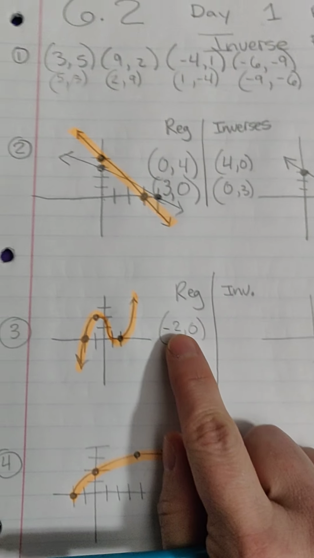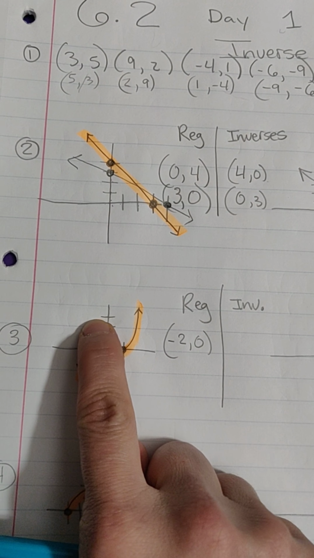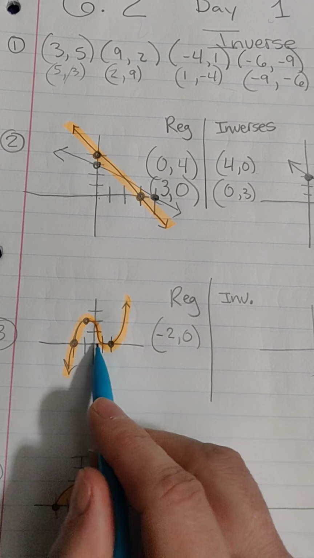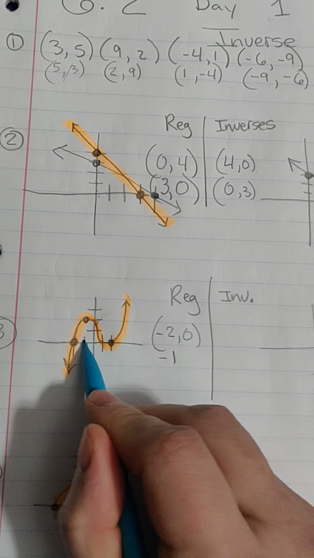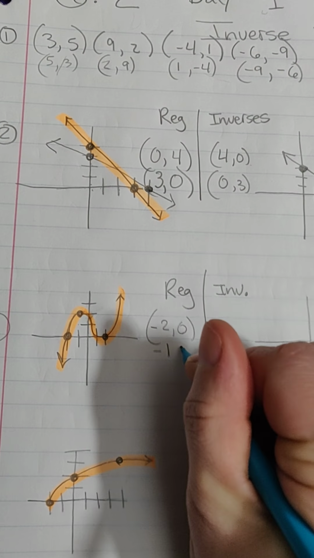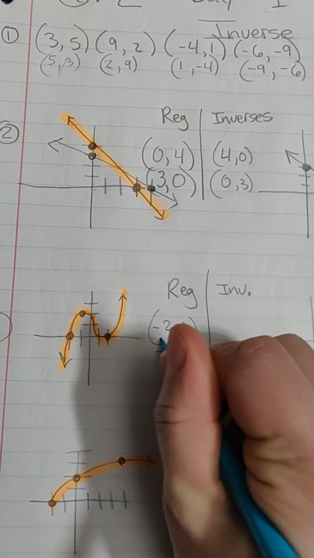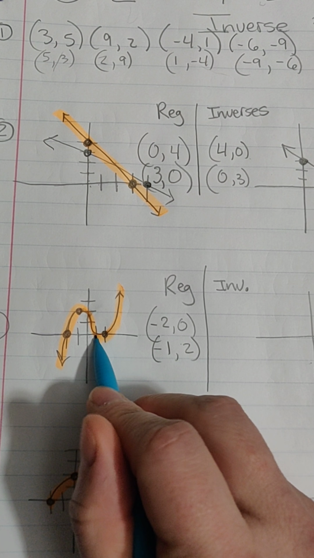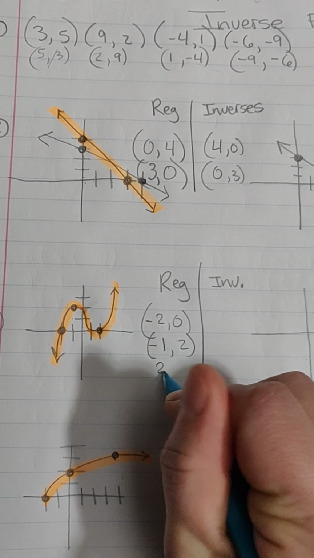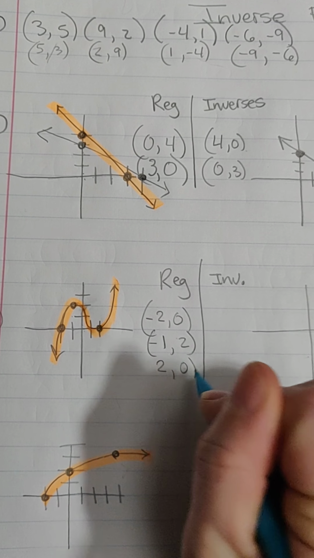This one up here, I went over -1, and I went up 1, 2, so that's -1, +2. And then this point right here, starting at 0, I go +1, +2, comma, 0.